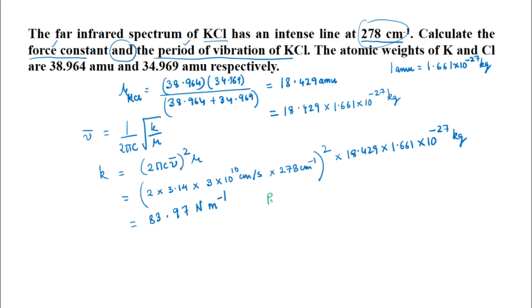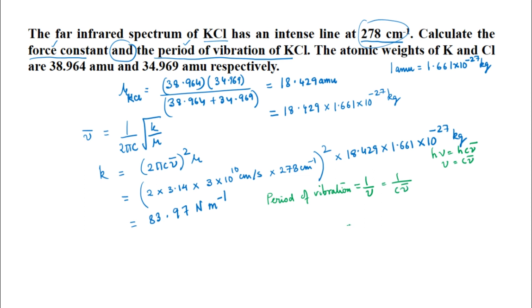We also need to find the period of vibration. So, we can write the period of vibration equals 1 by nu, and because h nu equals h c nu bar, we know nu equals c nu bar. So, 1 by nu I can write as 1 by c nu bar.